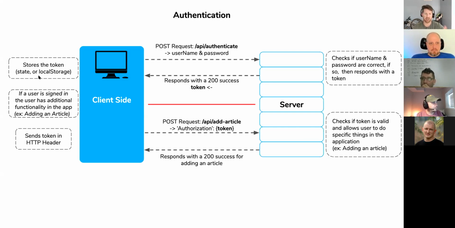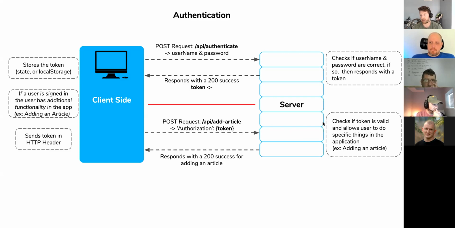But there are cookies, there's session storage, there are all different kinds of web browser storage that you can store that token in. And so if a user is signed in, the user has additional functionality in the application, such as adding an article. So when a user goes to actually add an article, we add another header element called authorization, and we include our token in the header of that post request.